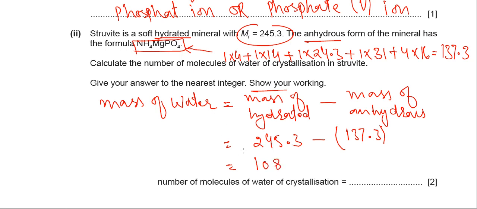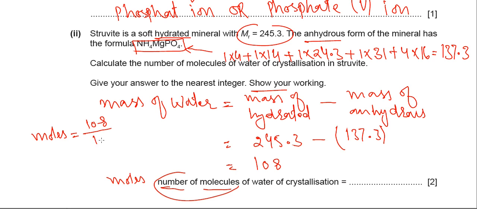So now this is the mass, and as it is clear, the number of molecules is also moles, so we are going to find the moles of water. Moles of anything can be calculated by dividing the given mass by the molar mass. The Mr of a water molecule is 18.